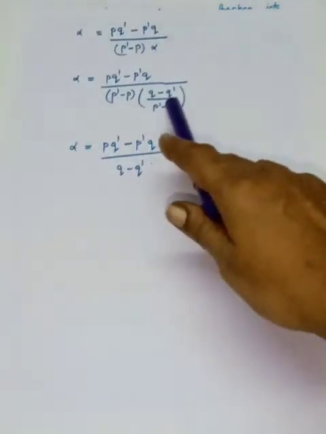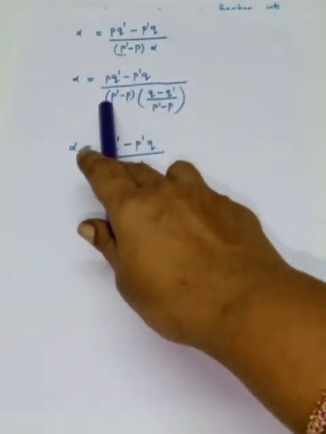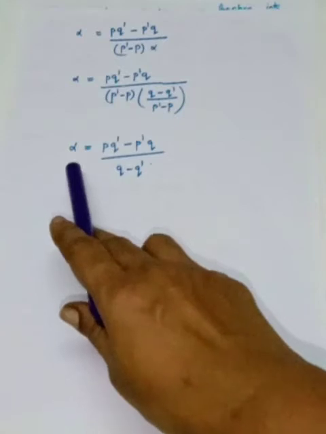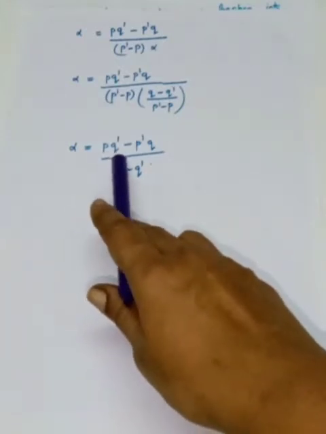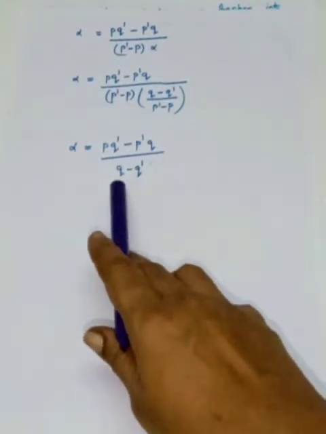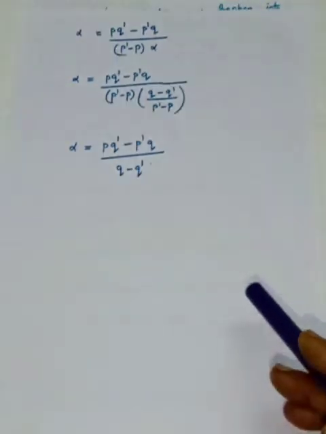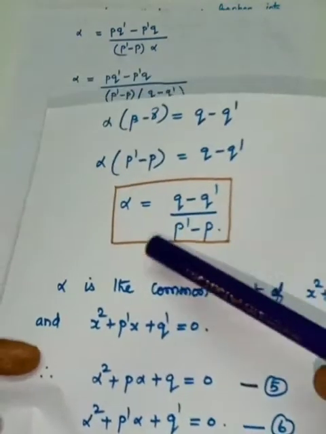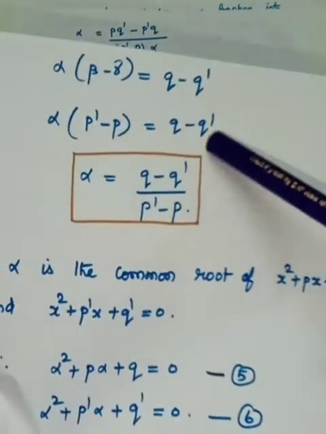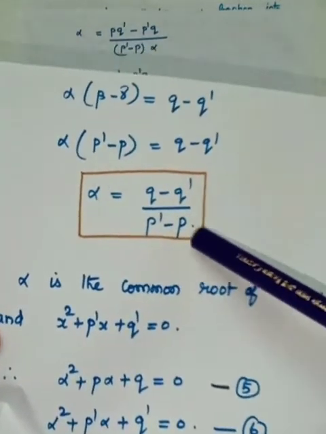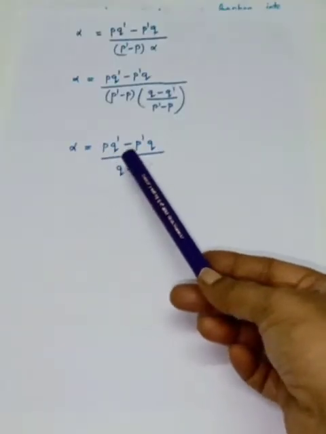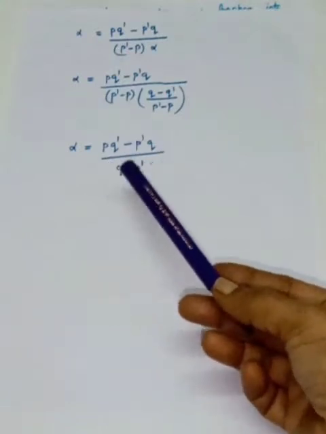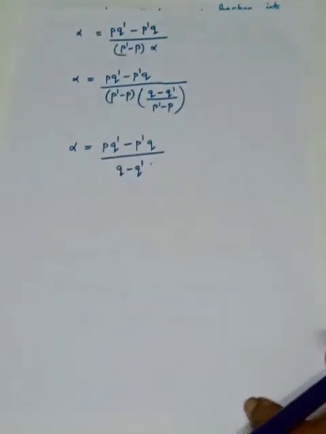When you substitute here, this p dash minus p and the other p dash minus p get cancelled. So alpha is equal to (p q dash minus p dash q) divided by (q minus q dash). So therefore alpha may be (q minus q dash) by (p dash minus p) or (p q dash minus p dash q) divided by (q minus q dash).